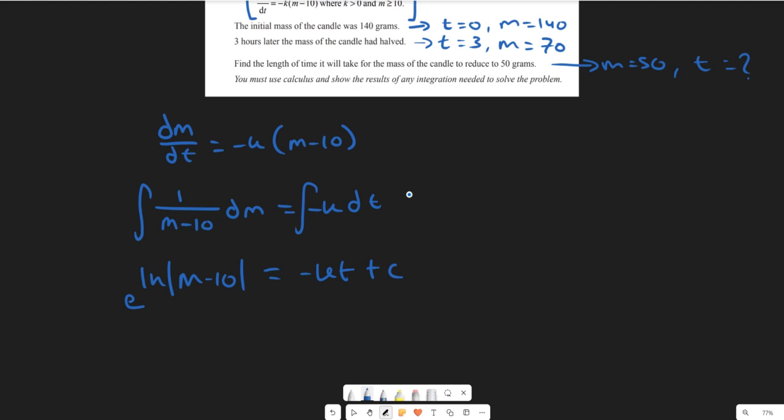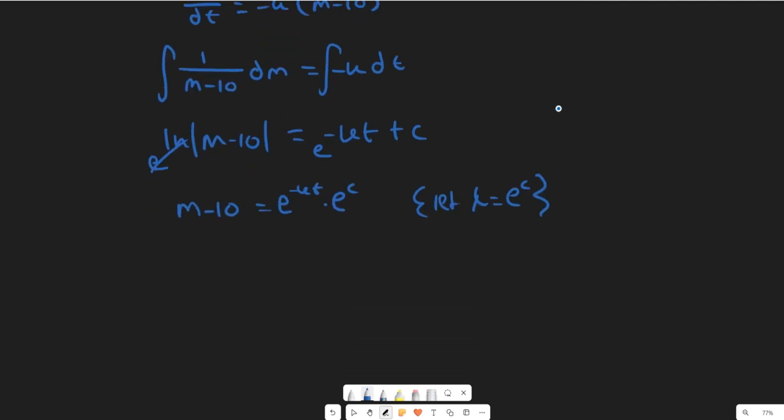And then e to the power of both sides, and we're going to get M minus 10 is equal to e to the negative kt times e to the power of c, right? And I'm just going to state that let lambda equal e to the power of c, right? And so M is equal to 10 plus lambda e to the minus kt.